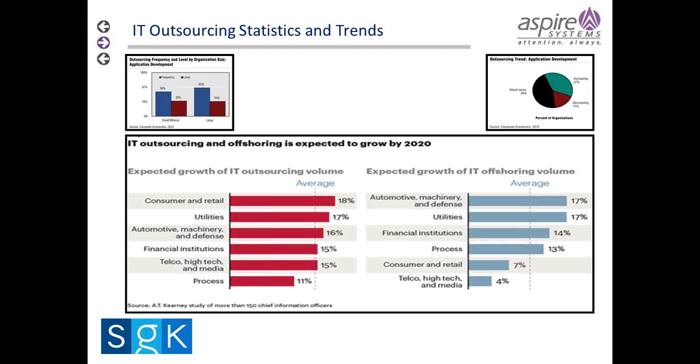And on the offshoring side, we are looking at about a 10% increase as well. So, IT outsourcing is relevant as of today, would continue to be in the near future, and probably long term as well. So I guess it's time well spent if we discuss this topic, find our mutual synergies, and figure out the best way to operate.